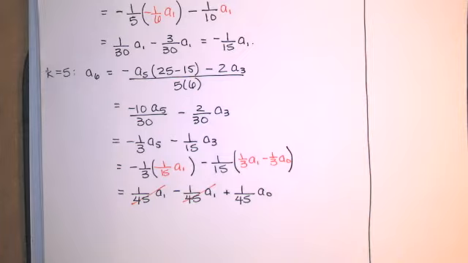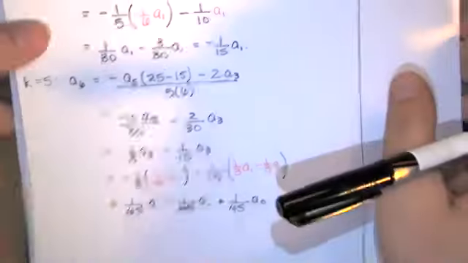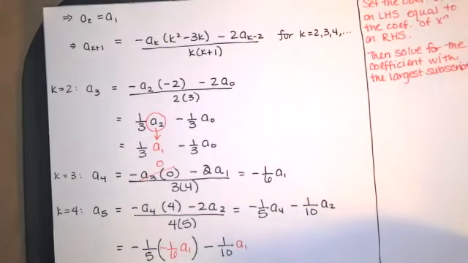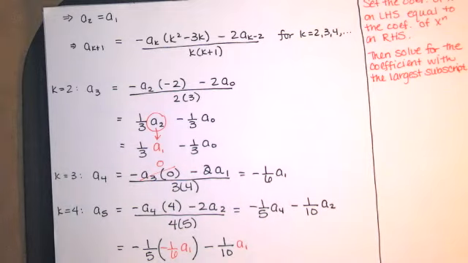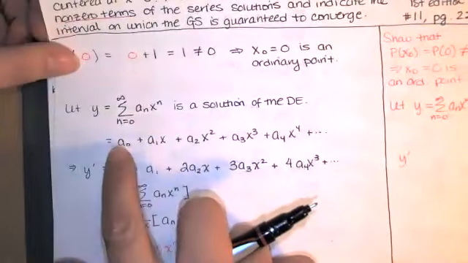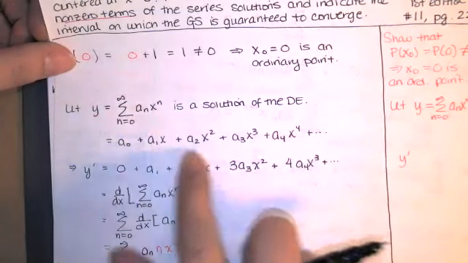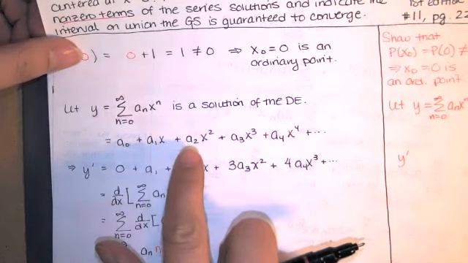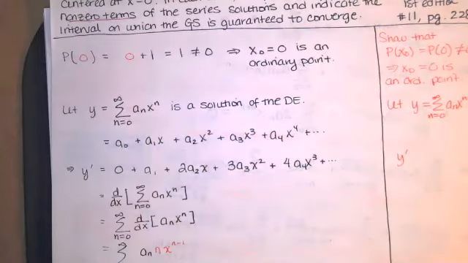Now, if you're saying, how do I know when to stop? That's an excellent question. Now remember, we were looking for two linearly independent series solutions of the differential equation. It's kind of hard to remember, but way back when we said that y is going to look like this. It's a constant plus a constant times x plus a constant times x squared plus a constant times x cubed and so on.